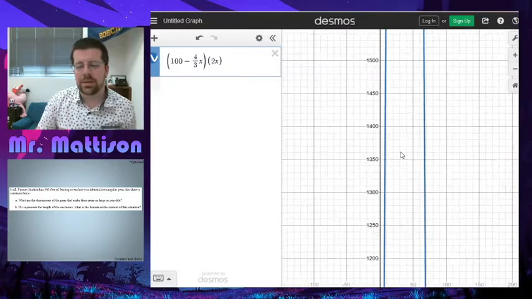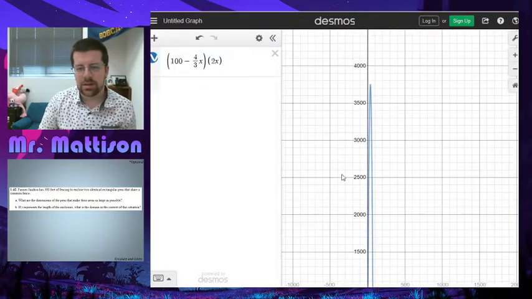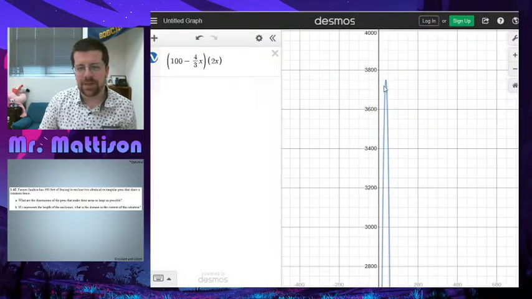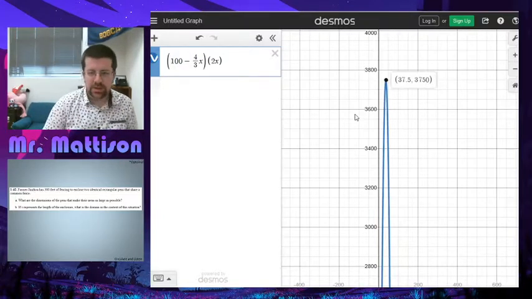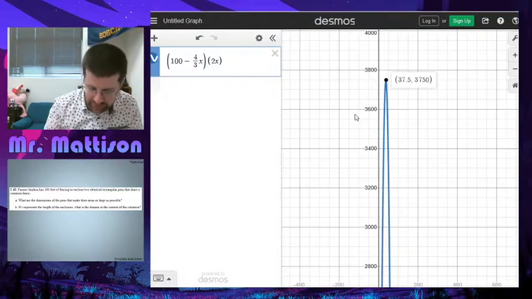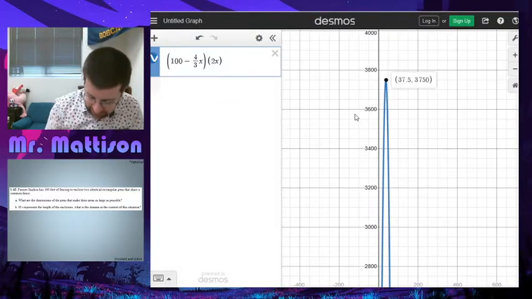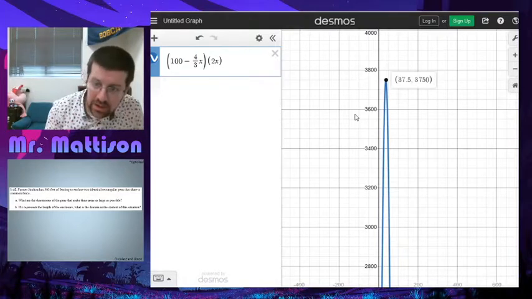And then I'm going to do a lot of zooming out because this is going to be a pretty large thing here. And there we go. And I found that peak right there. Right? So on this one, my answer there was 3,750.